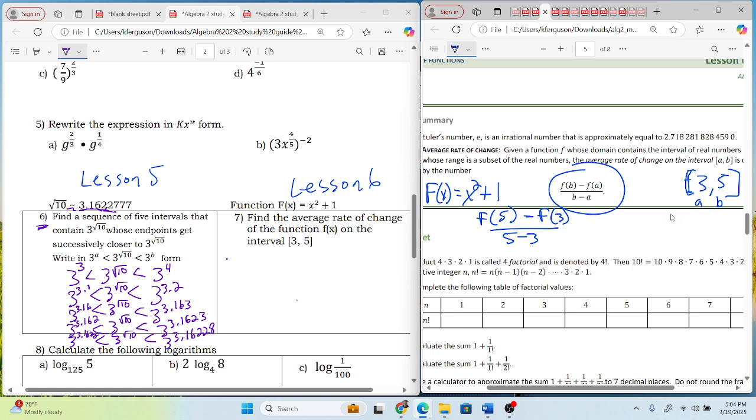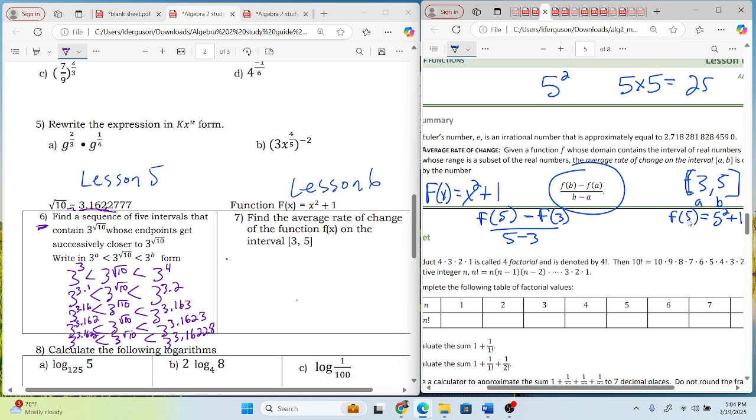Well, let's think. f of 5 is this function with 5 replacing x. So that's going to be 5 to the second power plus 1. Now, before you tell me that's 11, let's have a chat, okay? 5 to the second power. When your numbers are not the same size, it's an exponent. 5 times 5 is 25. 5 to the second power represents 5 times 5, which again is 25.